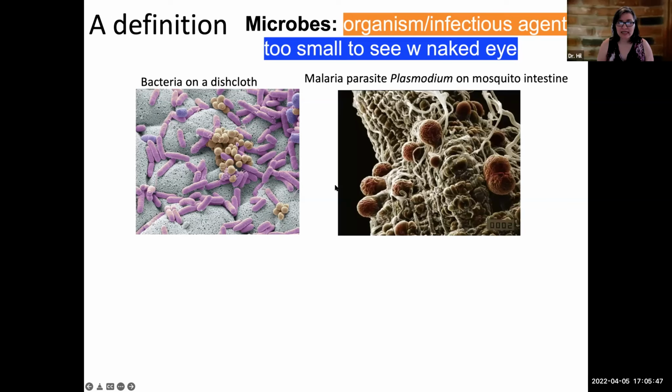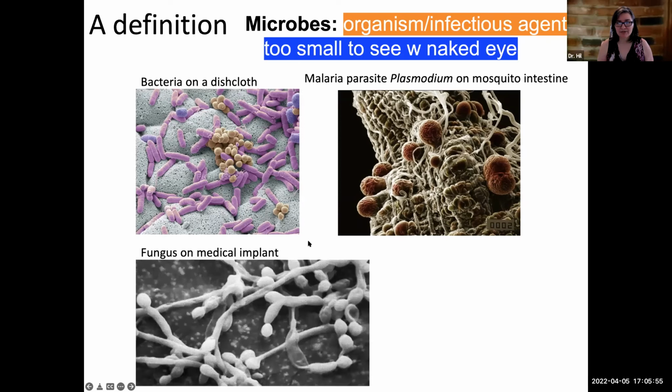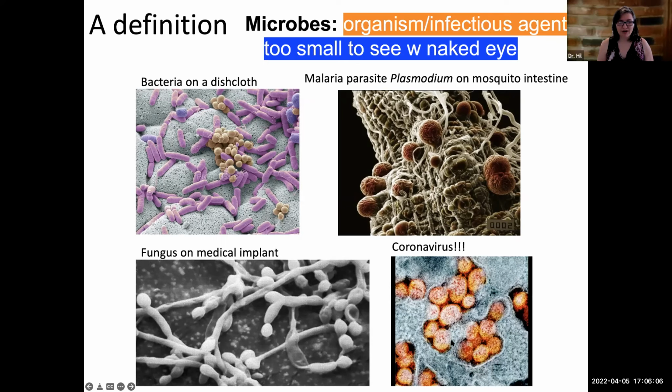Here is the intestine of a mosquito that has been infected with the malaria parasite Plasmodium. This is a protozoan parasite. Here are some fungal cells, also an electron micrograph, fungi on a medical implant. And of course, our good friend, coronavirus.